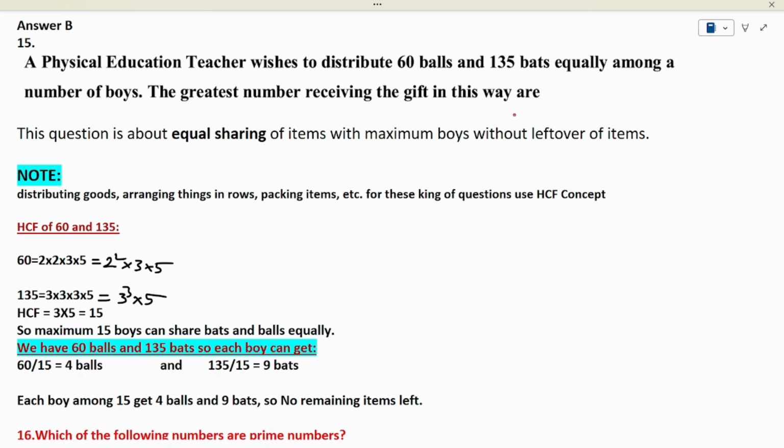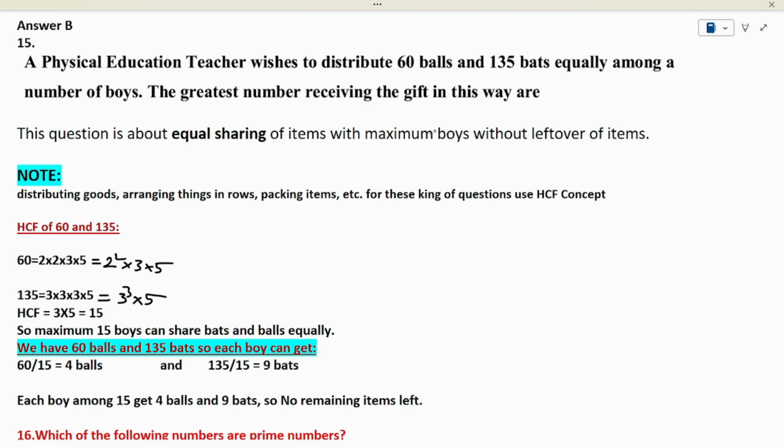He needs to distribute these balls and bats to the boys of the class without anything going to waste. So he needs to completely distribute 60 balls and 135 bats, which means he doesn't have any ball or bat left. So what is the possible number of boys who can take equally?